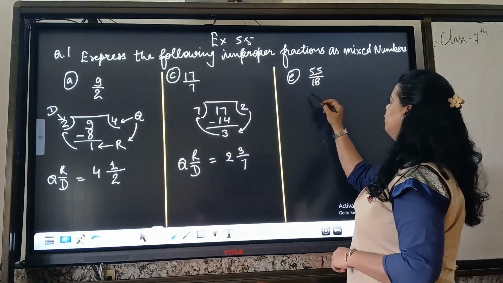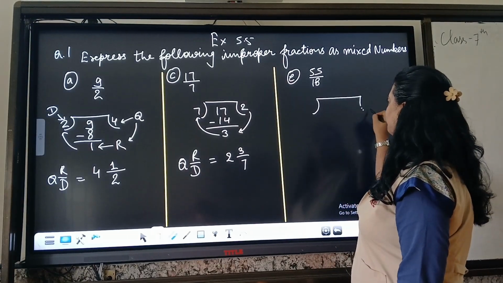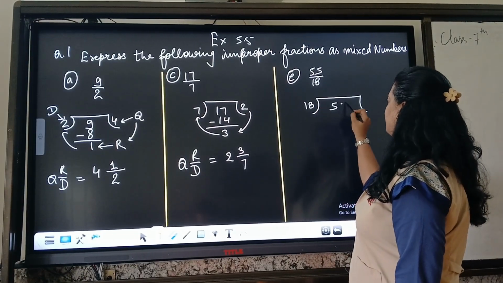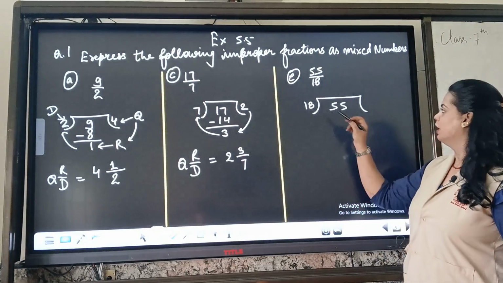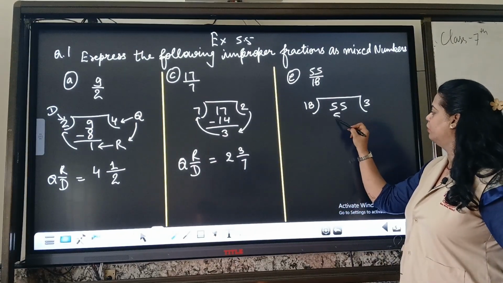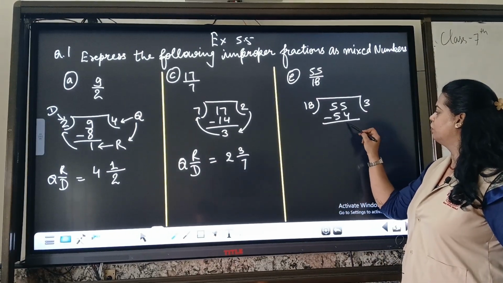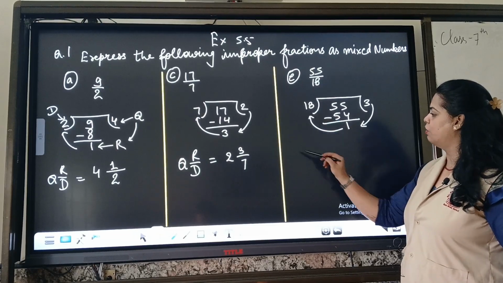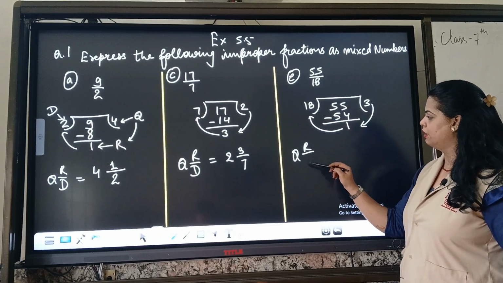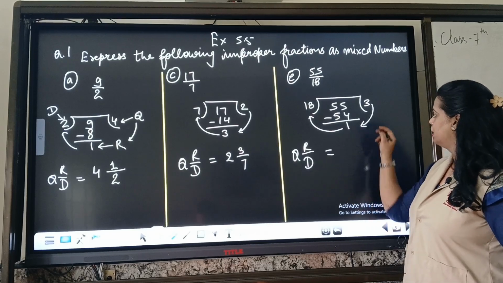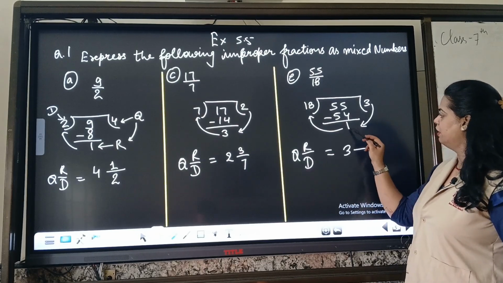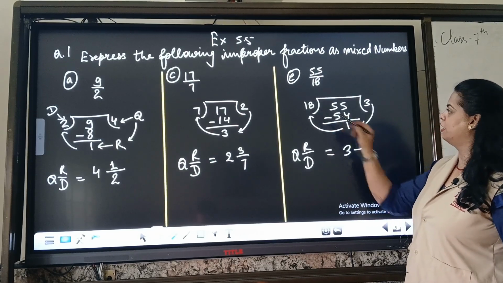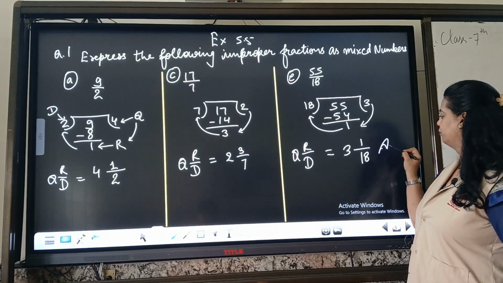At the last one, 55 and 18. 18 and 55. 18 3s are 54, minus, you will get 1. So we will start from 3, 1 and 18. So how to arrange them? First we will write the first value, that was quotient. So it is 3. Then numerator will be 1 and the divisor would be 18.